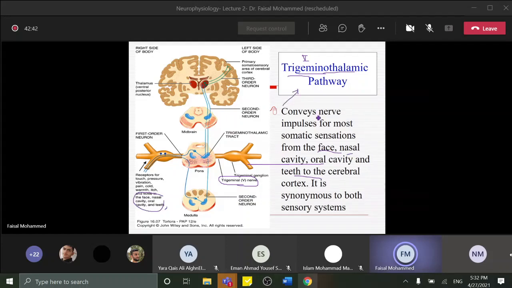So the trigeminothalamic pathway transmits impulses for most somatic sensations from the face, nasal cavity, oral cavity, and teeth to the cerebral cortex, synonymous to both systems, anterior lateral and dorsal column.